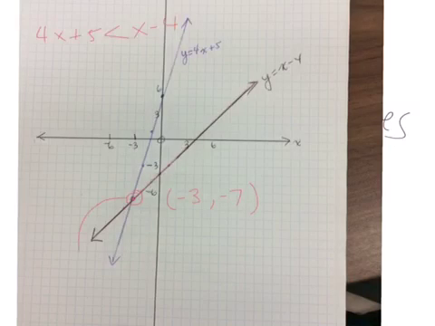Then we know from the left of -3, to negative infinity, that's where 4x plus 5 is less than x minus 4. So when x is less than -3, 4x plus 5 is less than x minus 4. Okay, so we're just going to look at that algebraically in a moment.